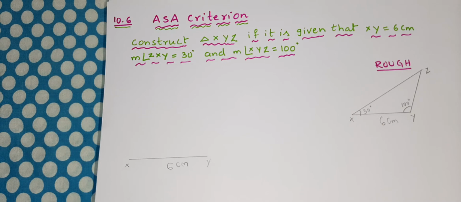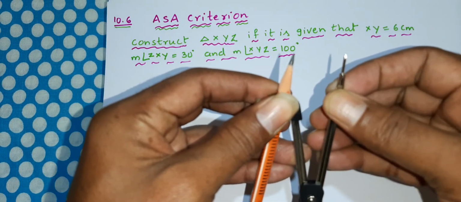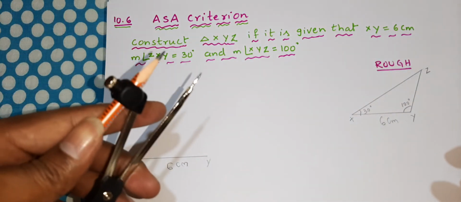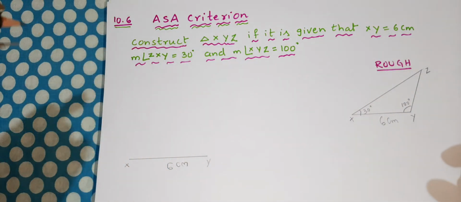Now by using compass we are going to construct 30 degrees. 30 degrees is the angular bisector. That means first we will construct 60 degrees, then we will bisect it. Clear, children? Now take some convenient radius, a small radius, and open the compass.